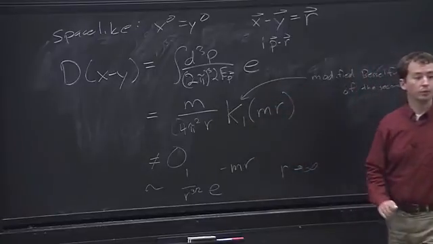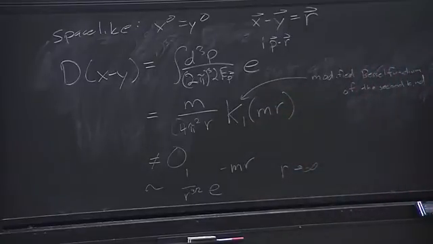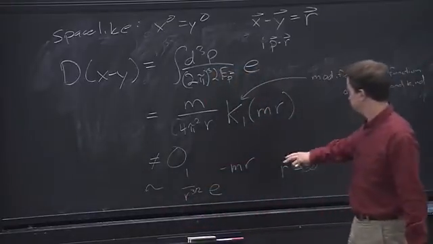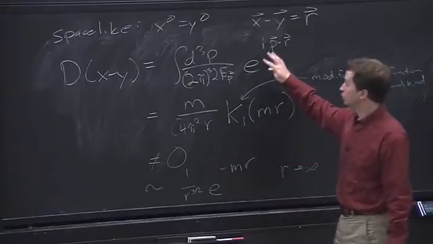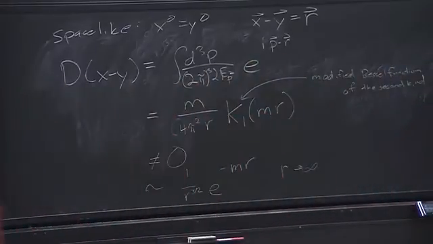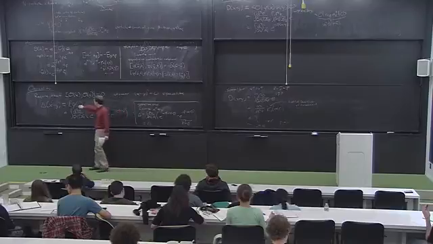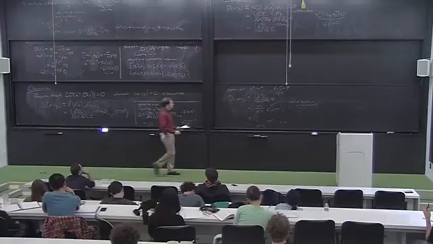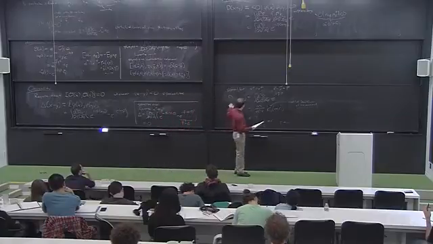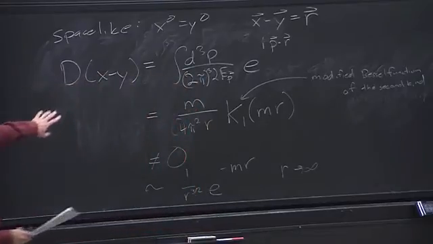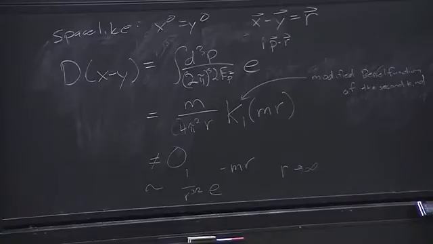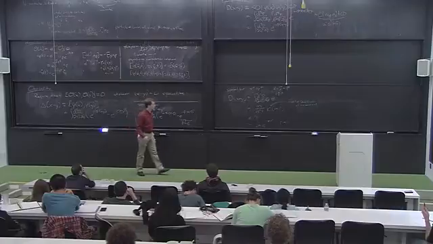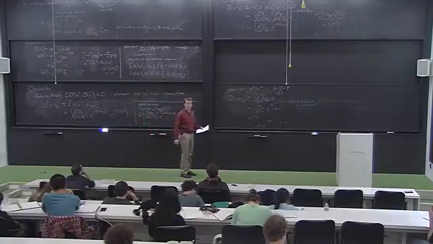So is this a problem for causality? Not necessarily. We showed that measurements at x can't affect y. But here we showed that the amplitude for a particle to propagate from x to y is not 0, even if x and y are space-like. So that's perhaps surprising.